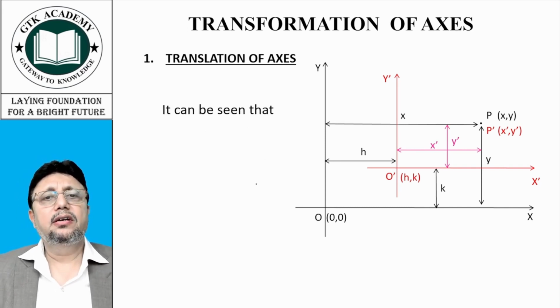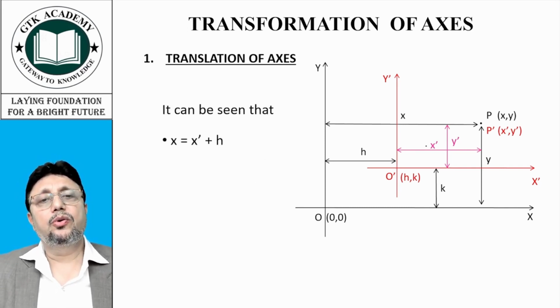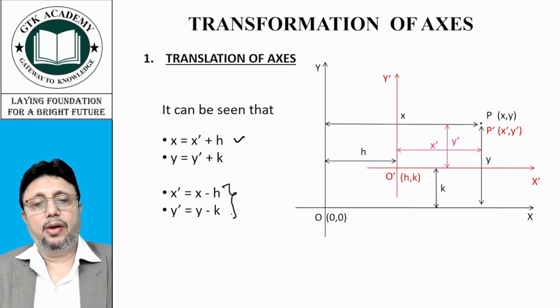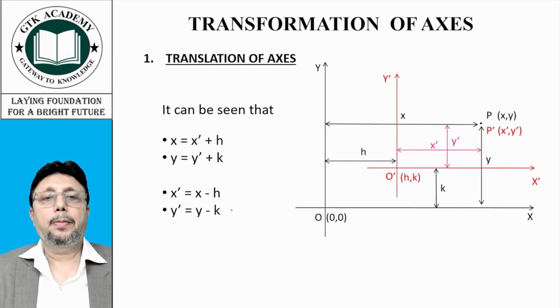We'll just write it here: x is equal to x dash plus h, which we discussed, and y is equal to y dash plus k. So the new coordinates x dash, y dash can be written like this: x minus h and y minus k. These are the new coordinates.